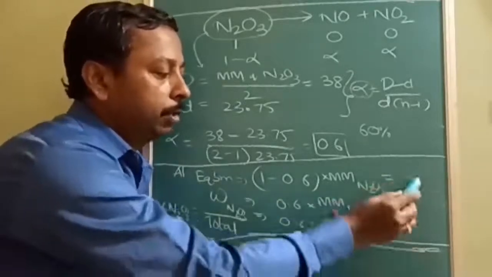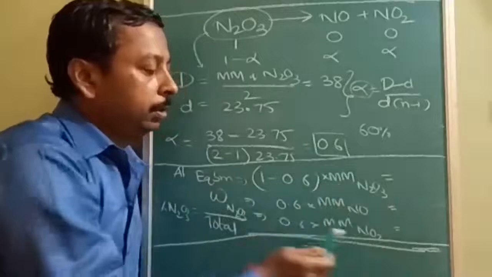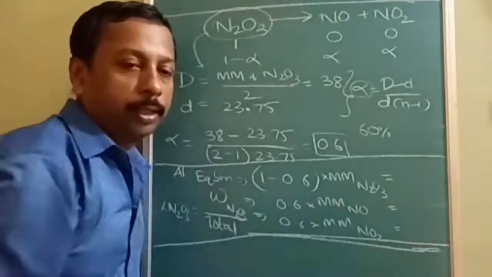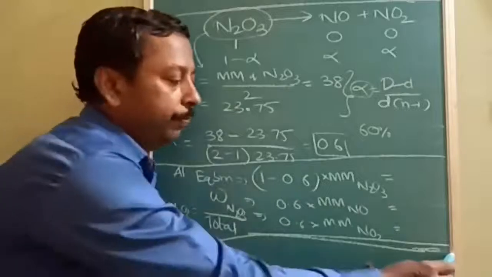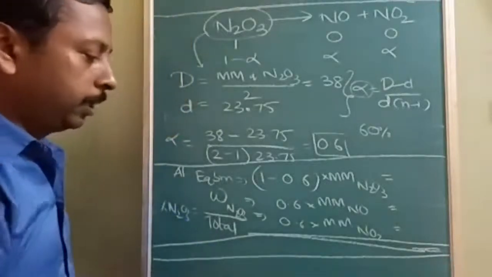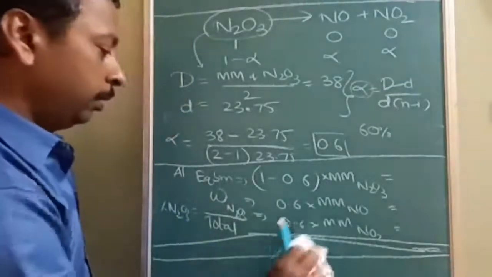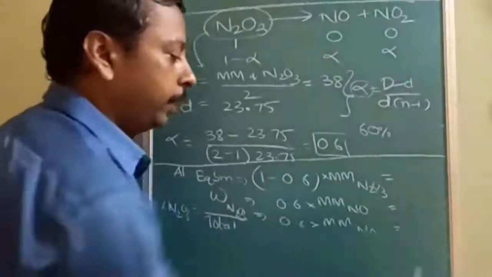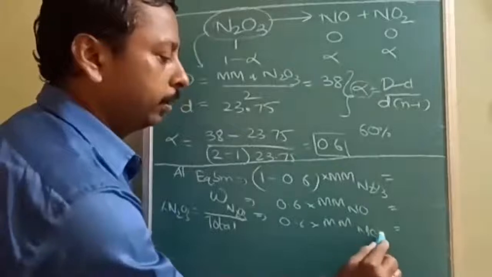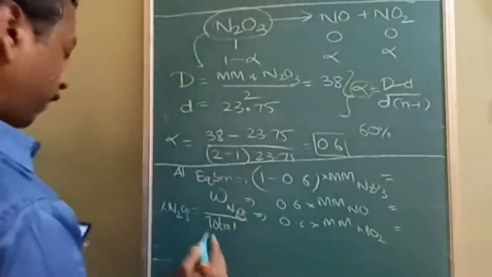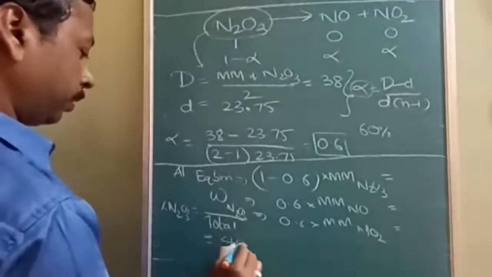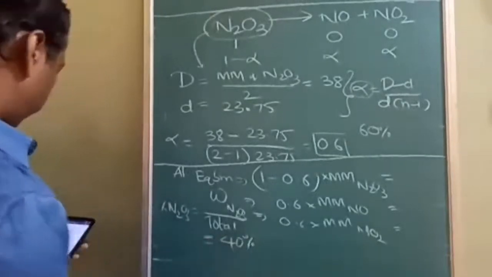Like that you get the total mass, and then the mass of the given substance divided by the total mass gives the final percentage. Finally, the solved answer will be 40%.